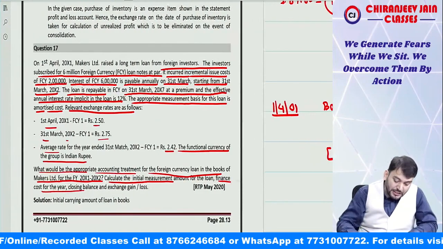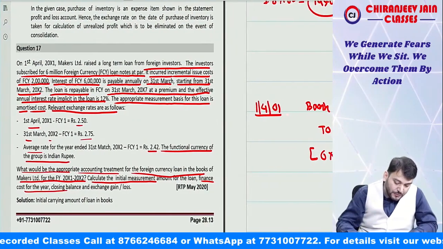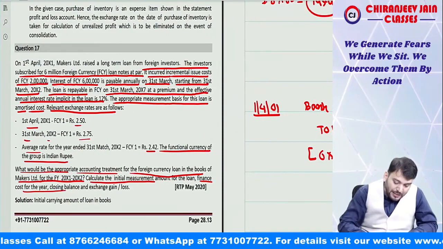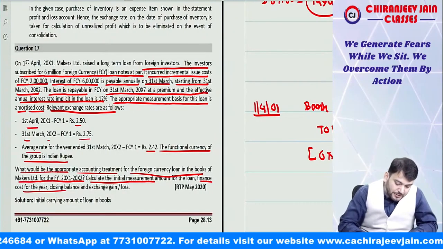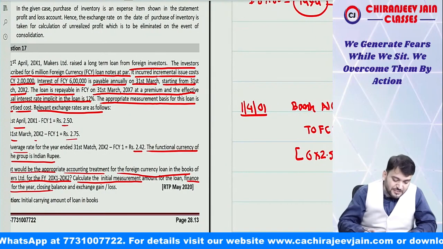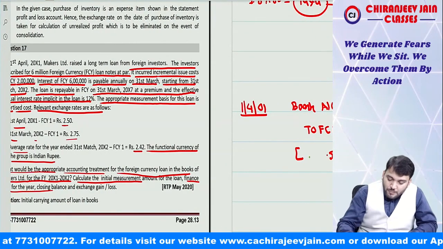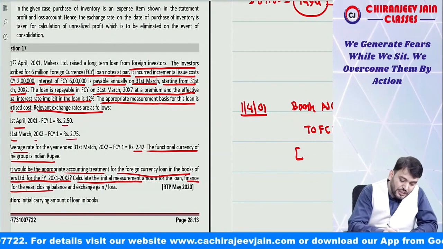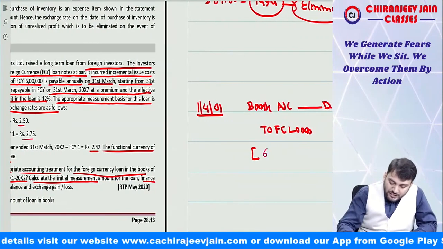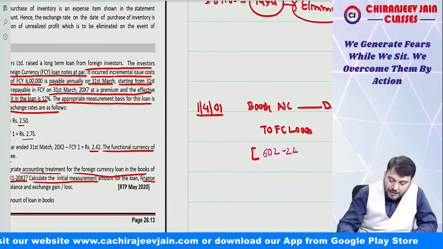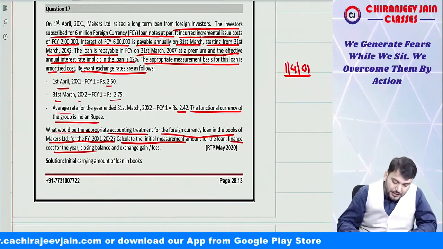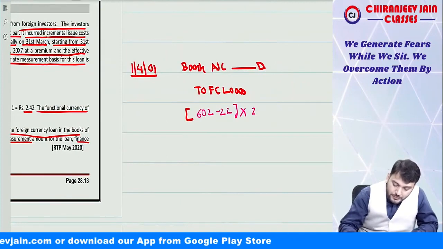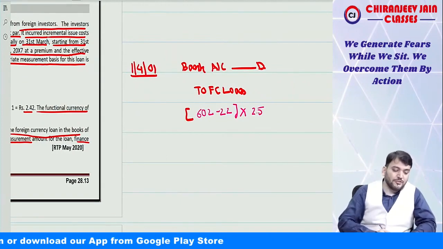There is one transaction cost also, so it will be reduced by the transaction cost. The transaction cost is 2 lakh. 6 million means 60 lakh, so 60 lakh minus 2 lakh, into 2.5. I hope you have understood this point.